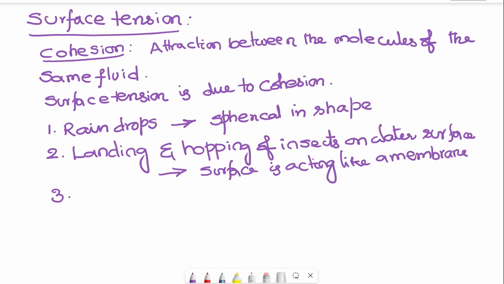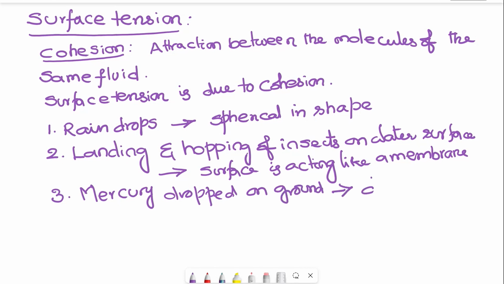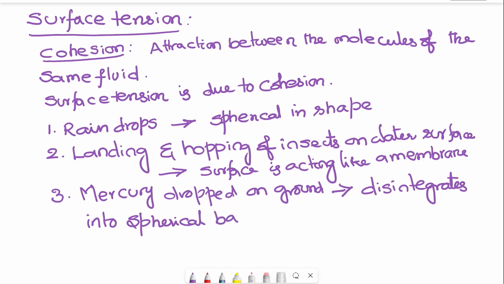For example, mercury dropped on the ground, what will happen? It disintegrates into spherical balls.